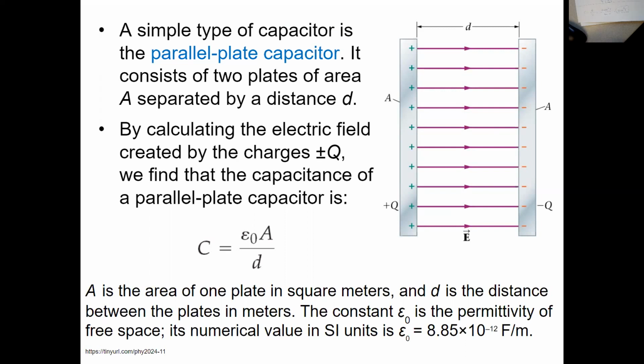And capacitance will be proportional to the area of the plates. You can imagine if you have larger plates, you can store more charge, right? And it's inversely proportional to the separation of the two plates.